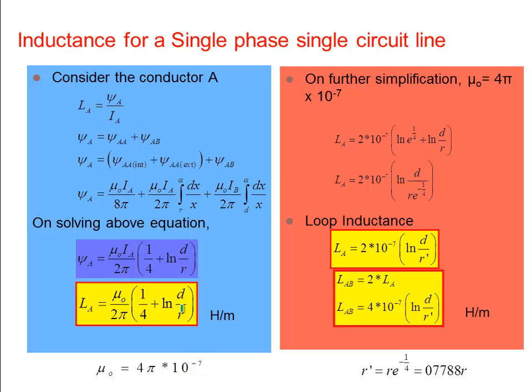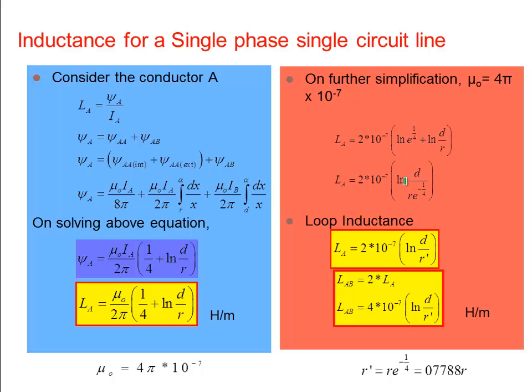To simplify the final expression, we get LA, the inductance of conductor A alone, equal to 2 into 10 to the power minus 7 ln D by R. Furthermore, this term 1 by 4 we can represent as ln e to the power 1 by 4, which we can simplify further.